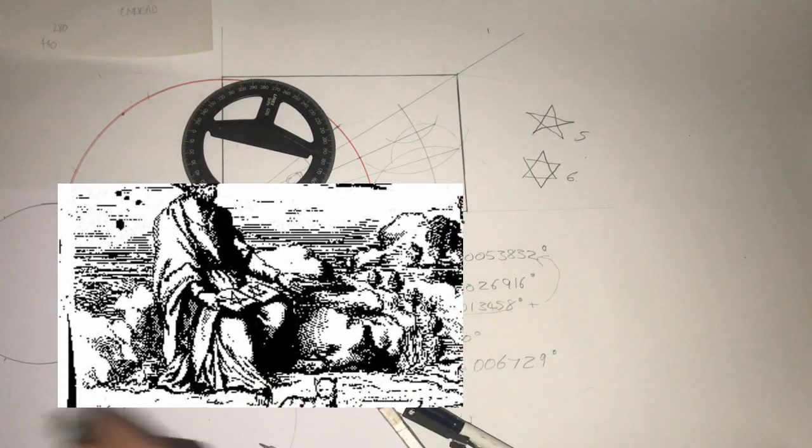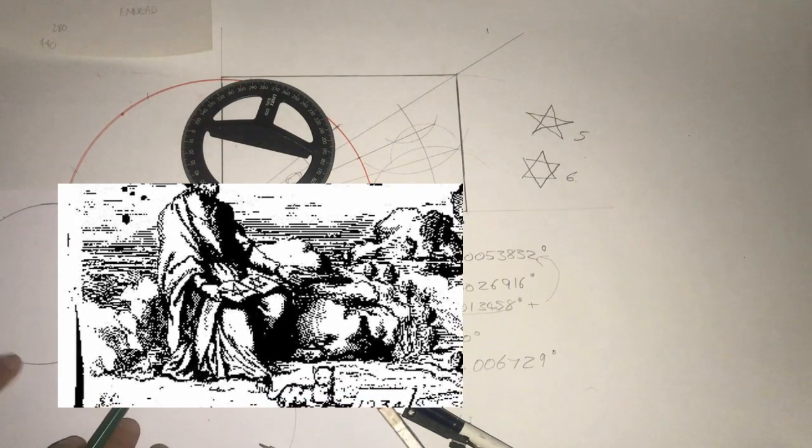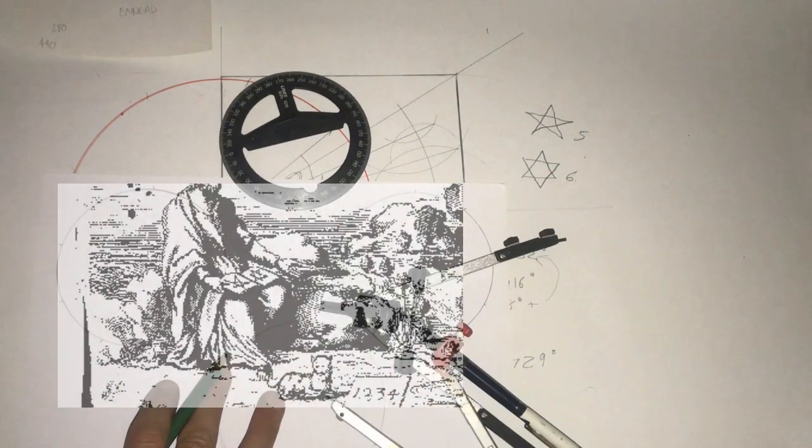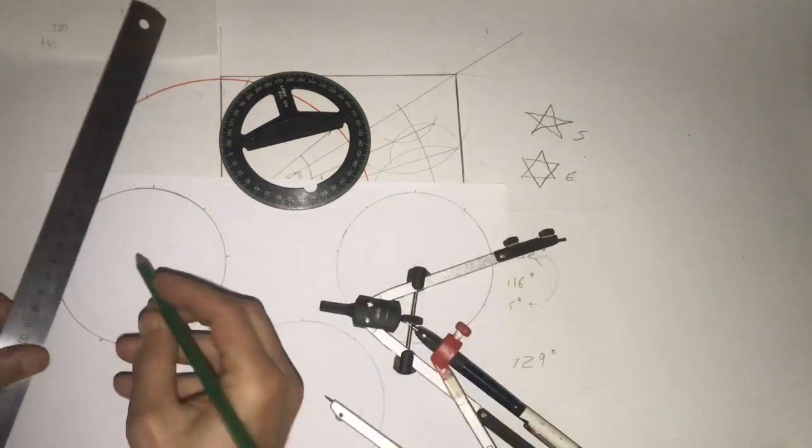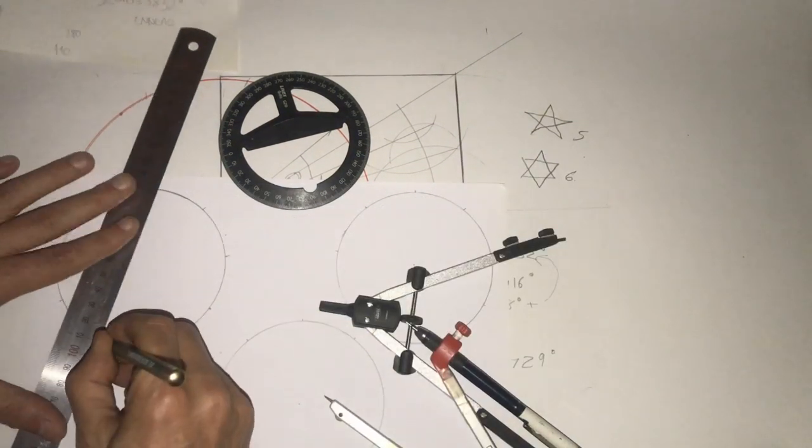So the nonagon, I've just marked out the points. It follows that rule because 9 is an odd number.